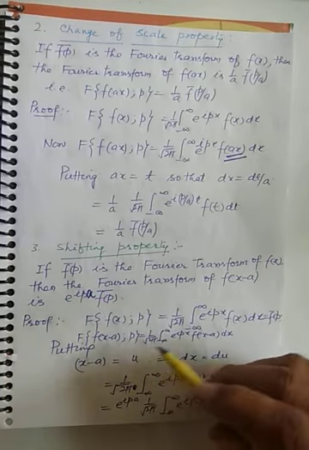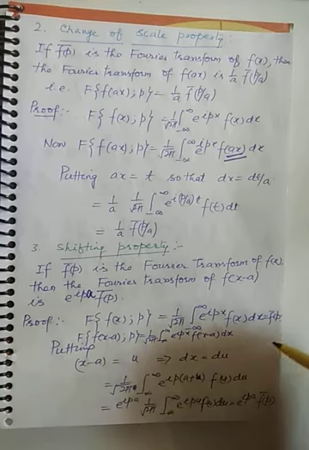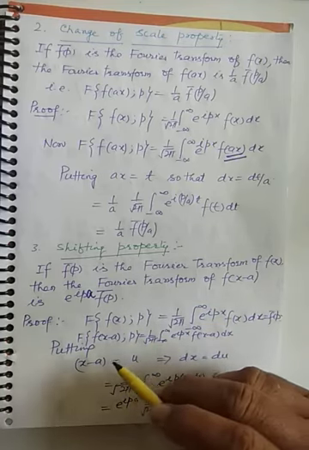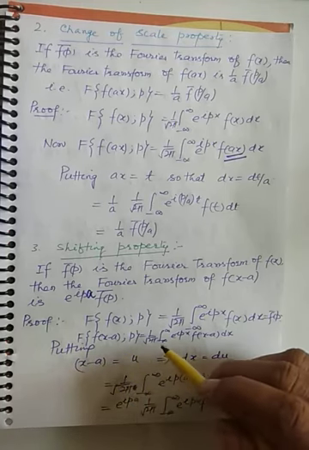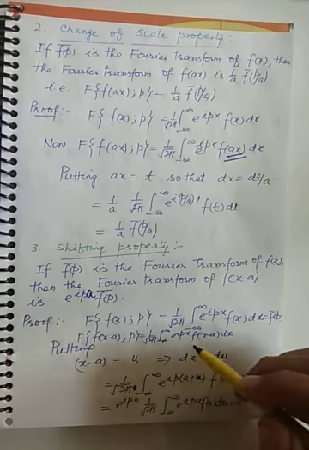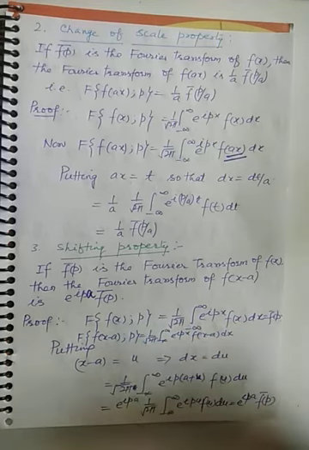Fourier transform of f(x) is defined as 1/square root of 2pi times the integral from minus infinity to infinity of e^(ipx) f(x) dx = F bar(p). Therefore, the Fourier transform of f(x - a) with parameter p will be equal to 1/square root of 2pi times the integral from minus infinity to infinity of e^(ipx) f(x - a) dx.